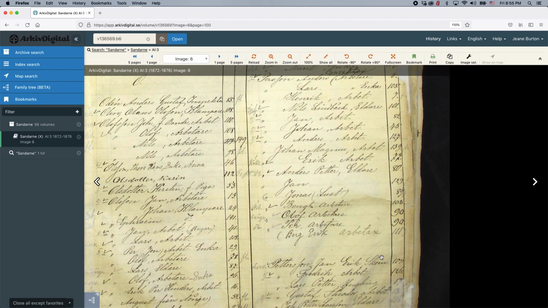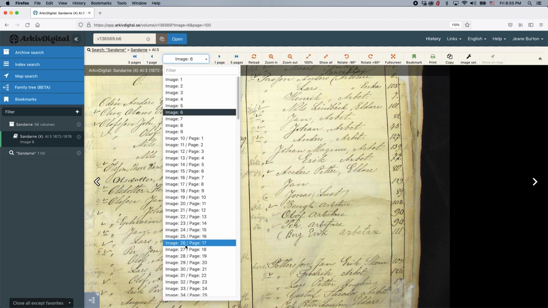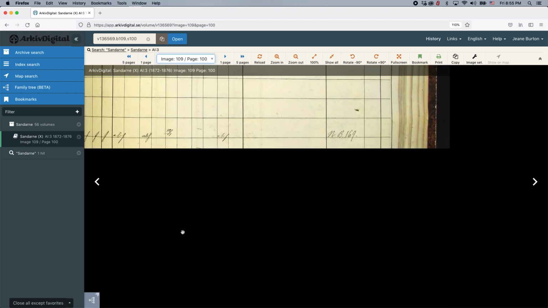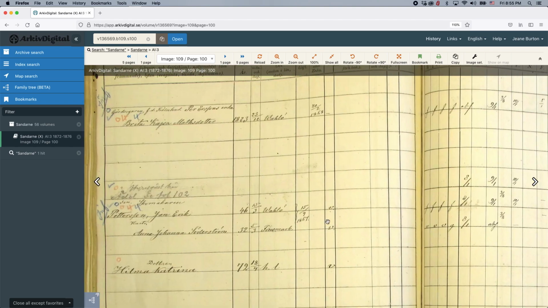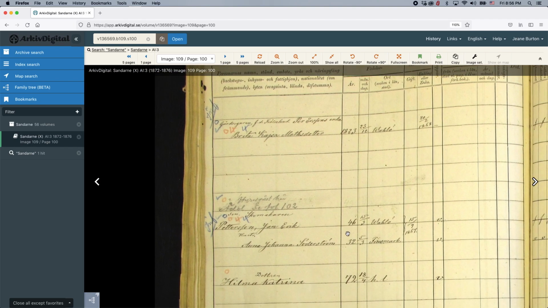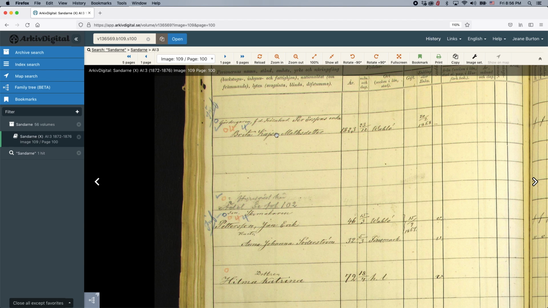100. So now we go to page 100, and we should be able to find them there. Looking up at the top, remember who we're looking for, Hilma's family. Right here, now there's a Britta Kaisermatsdotter, there's a renter, and now we see a son, Skolmakaren Peterson Jan Eriksson.